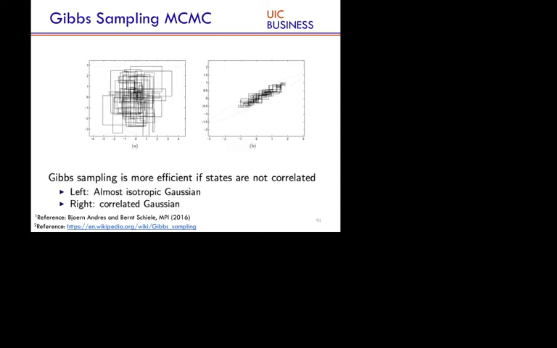You can actually see how the jumping happens if you have a 2-dimensional Gaussian distribution, and when you have the same two-dimensional Gaussian distribution but it is very skewed. Basically, what we are trying to show here is that if you have very highly correlated random variables, then you don't explore certain parts of the state space, whereas if they are not correlated, then you explore quite a bit of the state space.